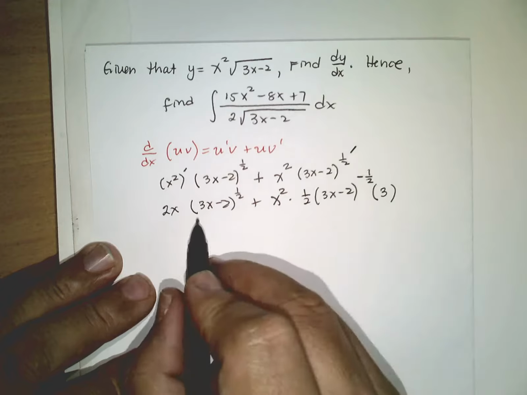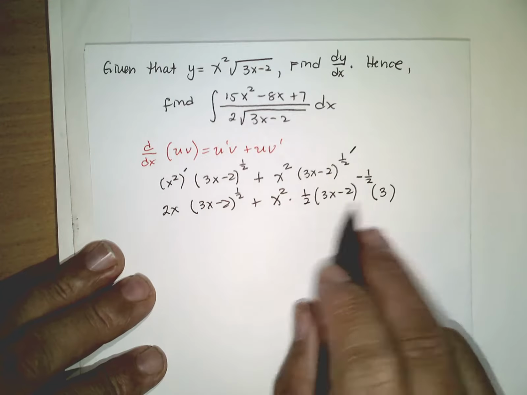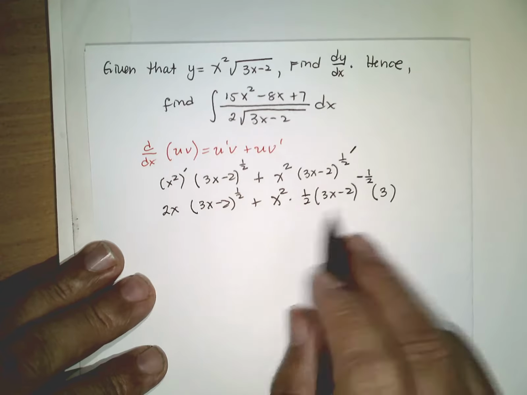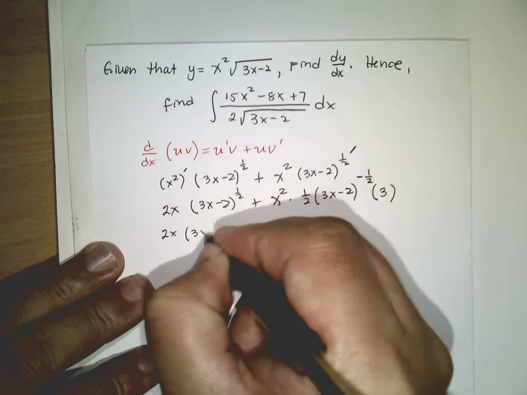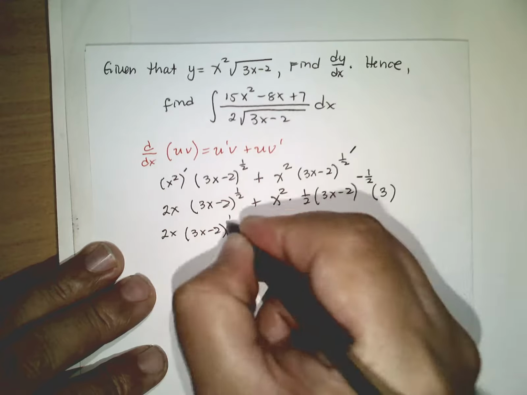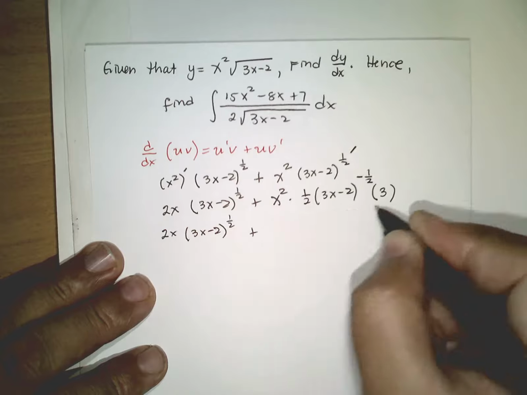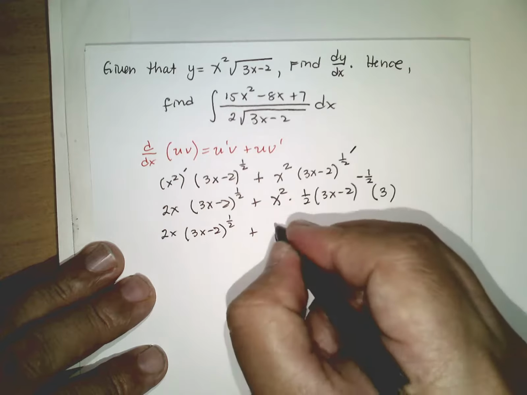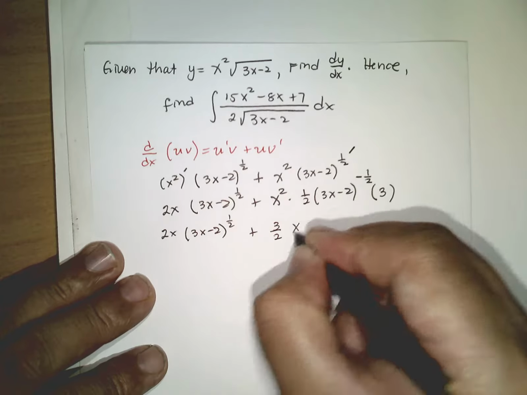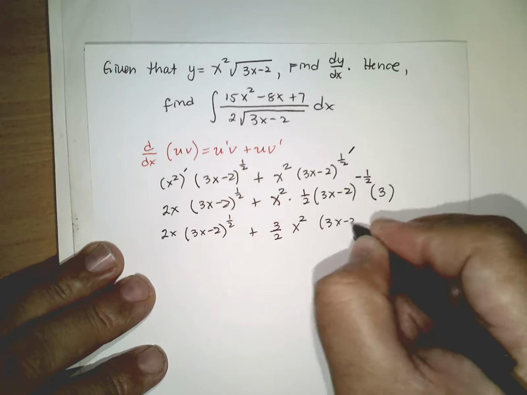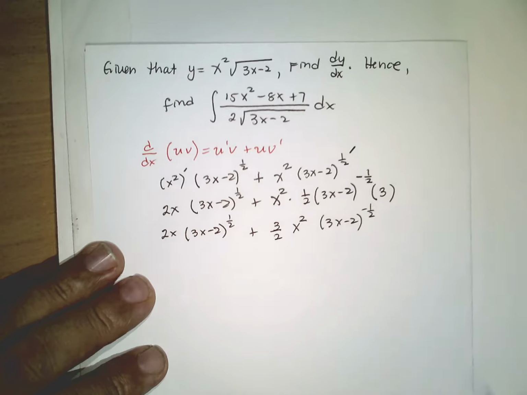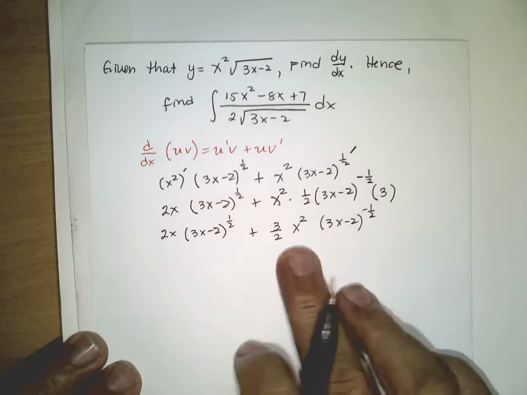So we just need to rewrite that neatly. So 2x times (3x − 2)^(1/2), plus this is 1/2 times 3, so that's 3/2 x squared, then (3x − 2)^(−1/2). So this is your dy/dx.